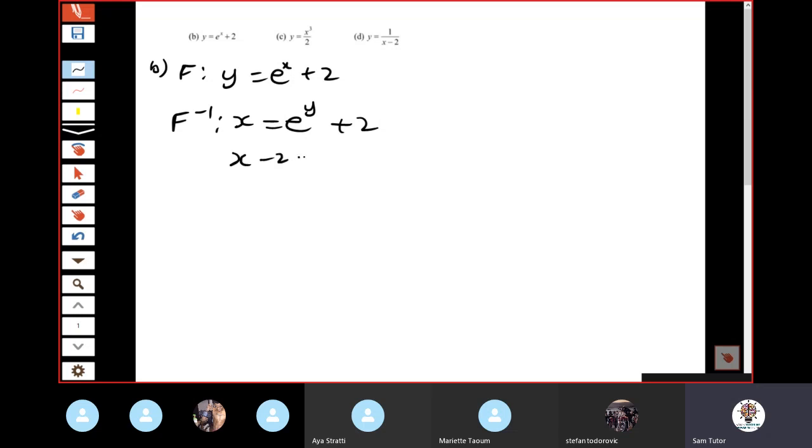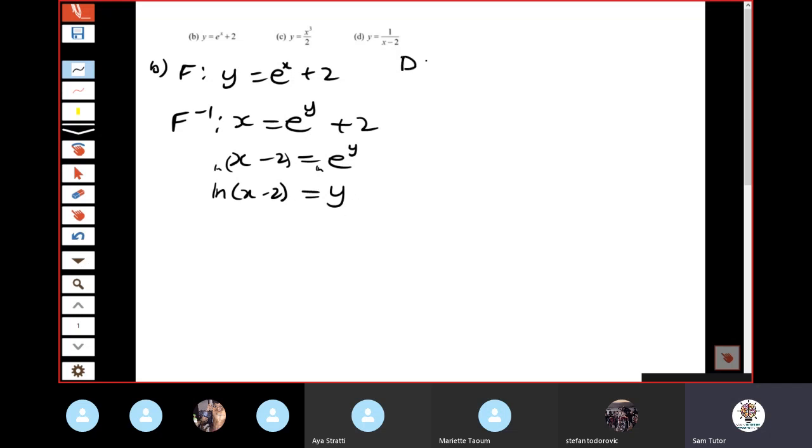Subtract 2. I'm trying to solve for y. How do I get rid of an exponential? You're going to log both sides. Log of (x minus 2) equals log e^y, which just becomes y. Log and e just cancel out, for those who are wondering. And then that's your inverse function.